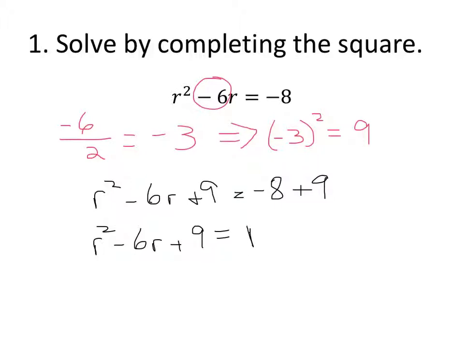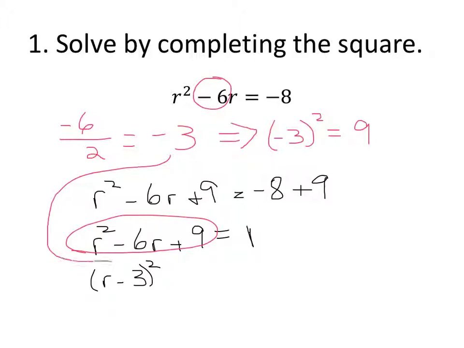Okay, if you look at the left side of the equation, you now have a perfect square trinomial on that side of the equation. You have r minus 3 squared. And you don't really have to factor this equation to figure out it's r minus 3. You just come up here and whatever that number is, you plug it in, r and then that number.